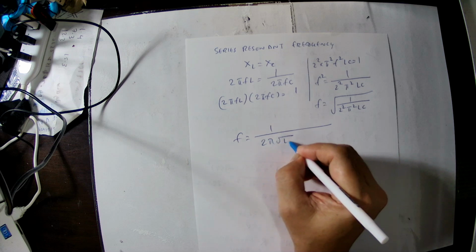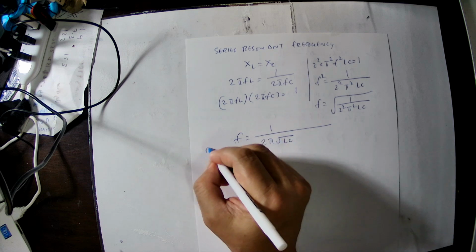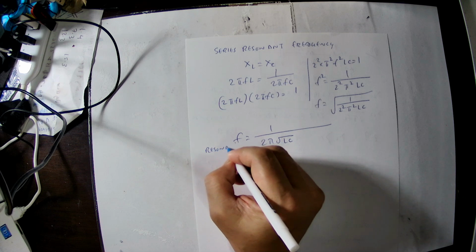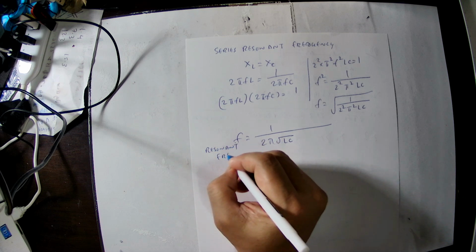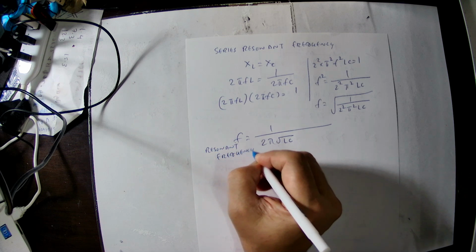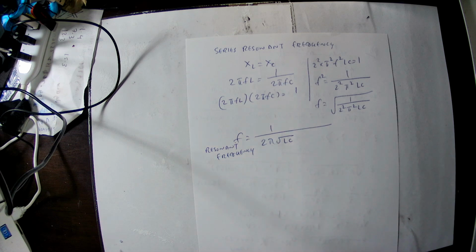This f is the resonant frequency. The resonant frequency can be calculated by this equation, 1 divided by 2π square root of LC.